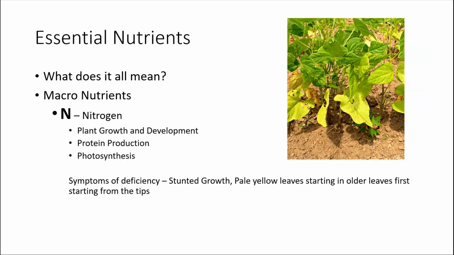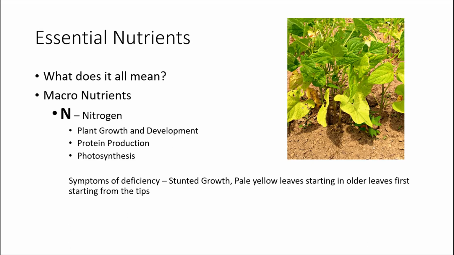So with nitrogen here, we have pale yellow leaves starting in older leaves first and starting from the tip. You can see younger leaves here are quite green, and the older leaves are quite yellow and relatively uniformly yellow. You can't see it in this picture, but you would imagine that the yellowing would start from the tip and head this direction.